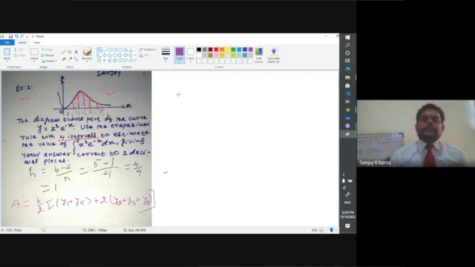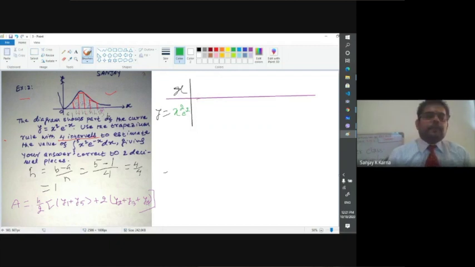So in this case, let's have the value of x and the value of y. This is the value of x and this is the value of y, where y is equal to x squared e to the power negative x. The values of x are from 1 to 5.